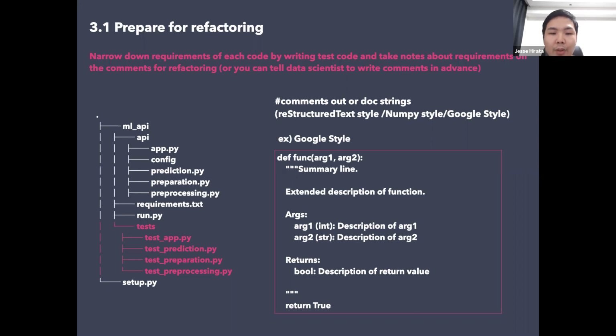So you can choose one that you like. There are only 3 kinds of docstring. I prefer to use Google style because other styles say parameters instead of arguments. So I feel comfortable using arguments instead of parameters.